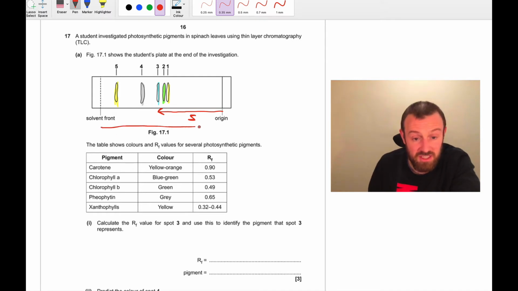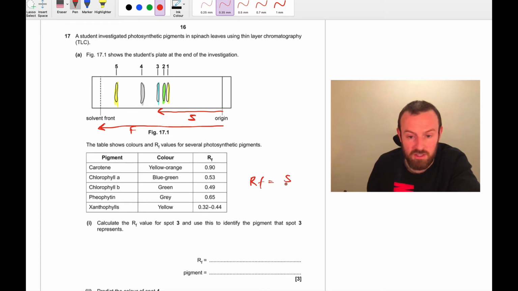And then we measure this distance here from the origin to the solvent front, and we'll call that F for solvent front. So the RF is equal to the spot distance divided by the solvent front distance. And hopefully you get an answer which is pretty close to that one. So it's going to be like 0.52 or 0.53, and then you'd identify it as chlorophyll A.